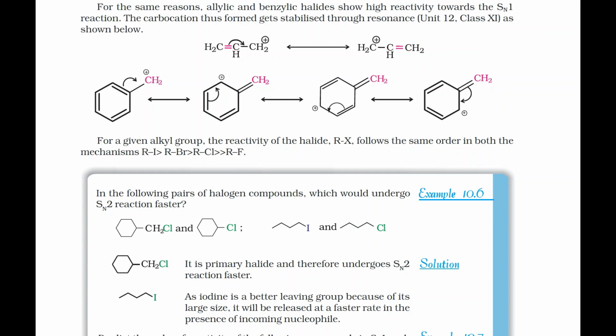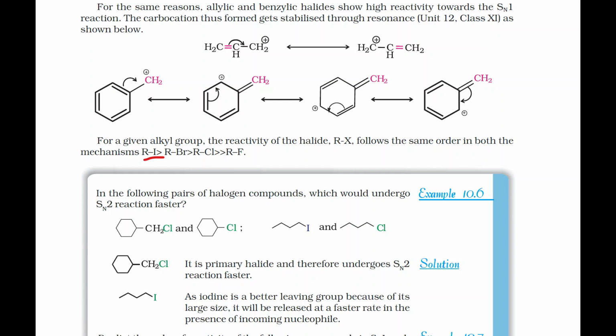Now you see in this SN1 reaction, for a given alkyl group, the reactivity of the halide follows this order. You see the halides: you have alkyl iodides, alkyl bromides, alkyl chlorides, alkyl fluorides. The R becomes plus, that is carbocation formation happens once this bond breaks.